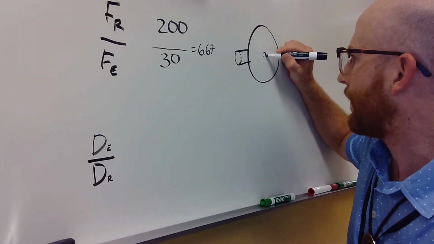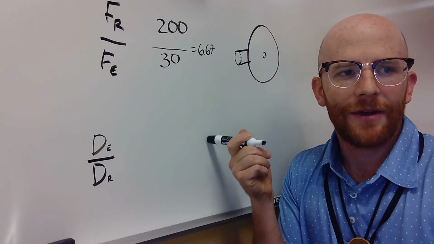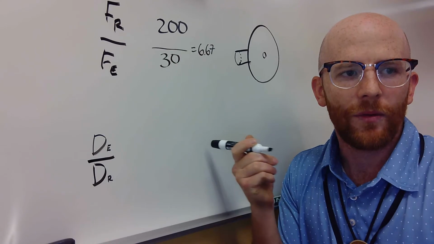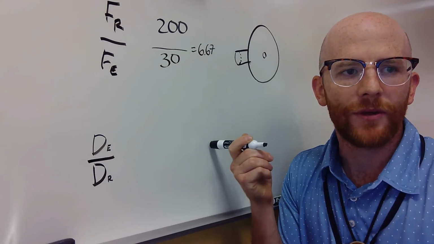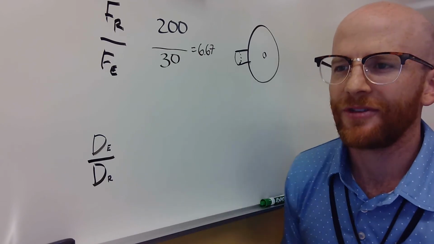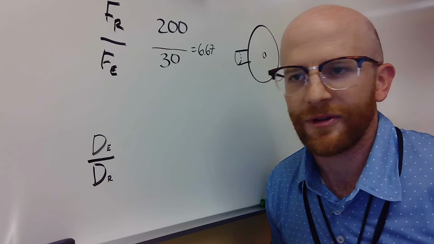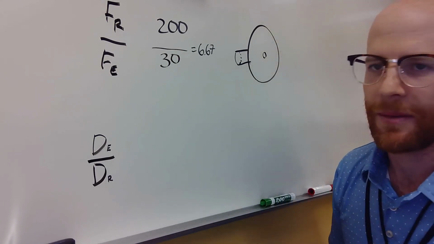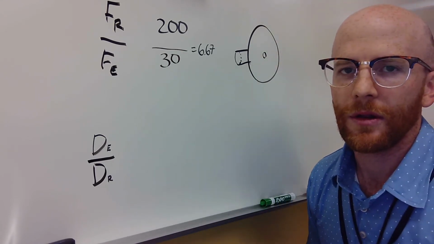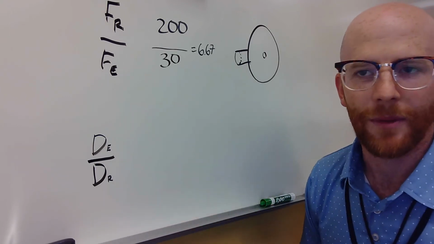Now it asks, what is the required wheel diameter to overcome the resistant force? This has to do with our static equilibrium problems, which deal with both the force and the distance because we're talking about the moment.